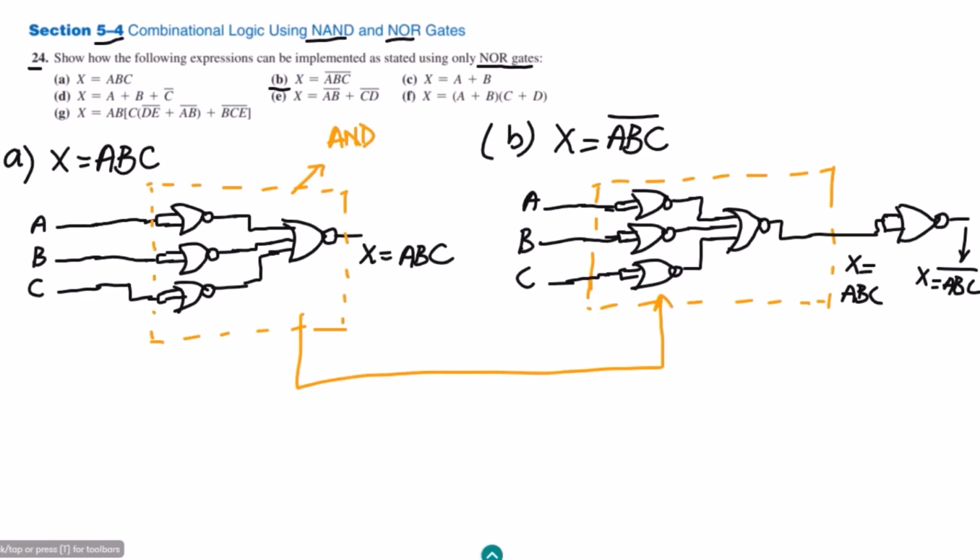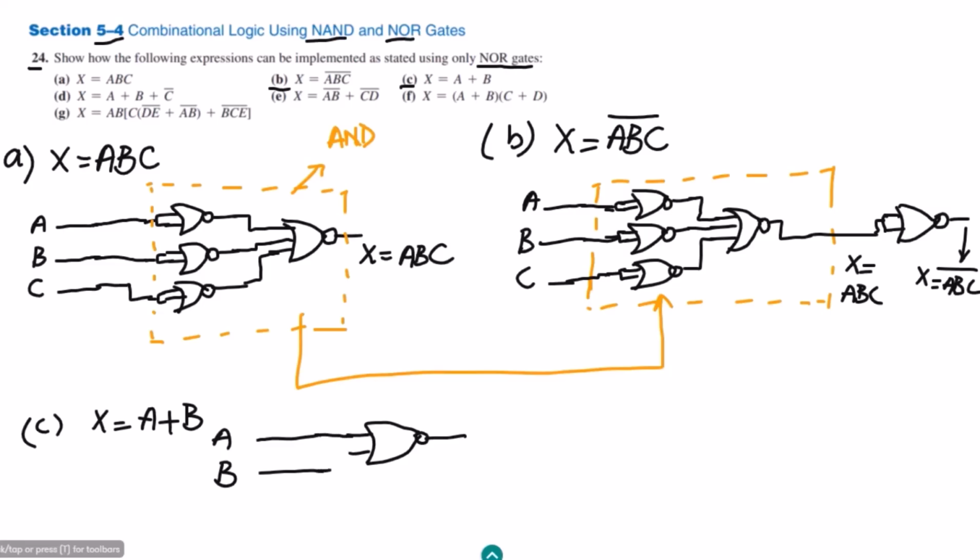Similarly, now I have to implement the third part, and that is part C. In part C we have to implement x equal to A plus B. We have two inputs, A and B. These two inputs are given to a NOR gate. At the output of this NOR gate, we would get A plus B whole complement.